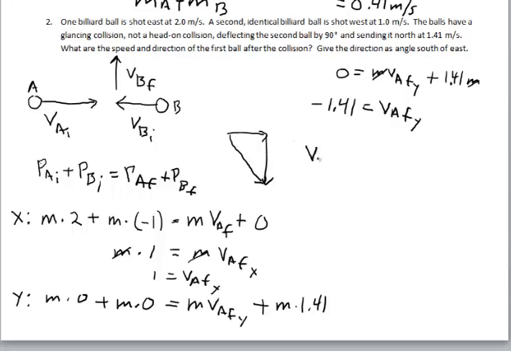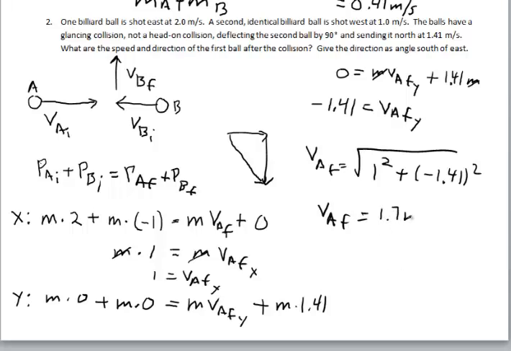We're going to use the Pythagorean theorem: 1 squared plus negative 1.41 squared, and I ended up with 1.7 meters per second.